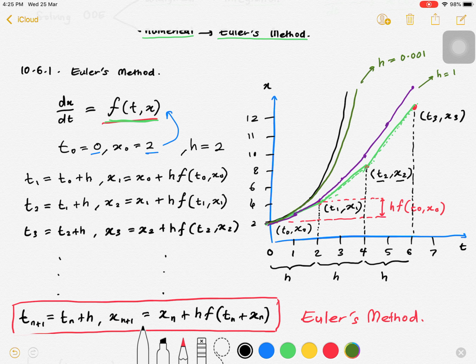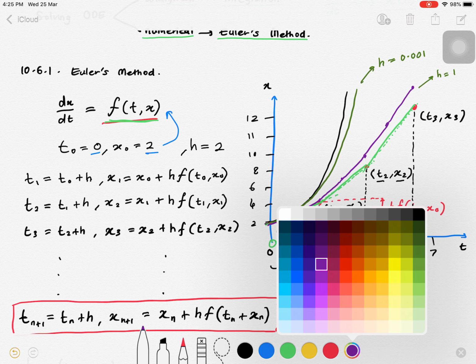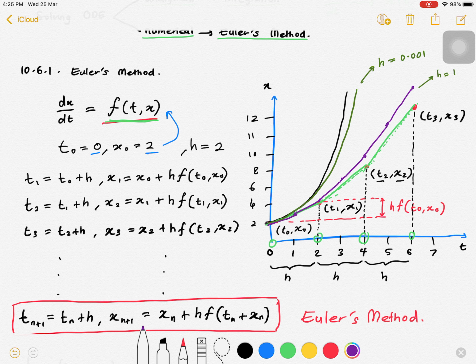For example, when we use time step h equal to 2, in this case we only need to do 1, 2, 3, and 4 calculations only. But when we use time step equal to 1, we will need to calculate how many times? 1, 2, 3, 4, 5, 6, 7. Double the time, double the process. So we need to do more work if we use a smaller time step. Understand?